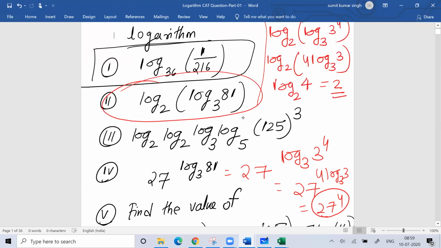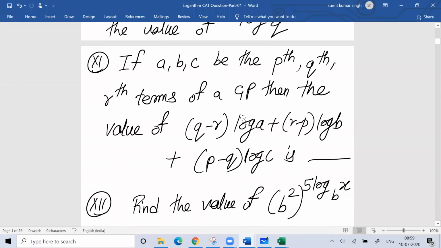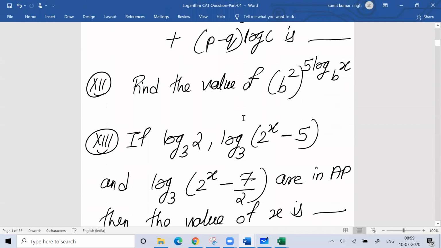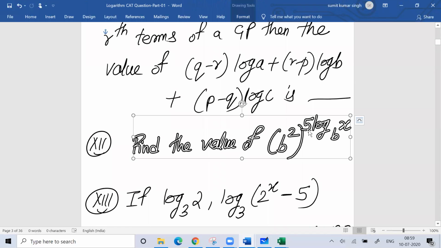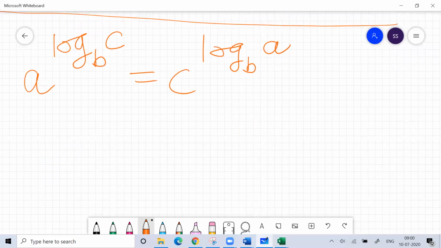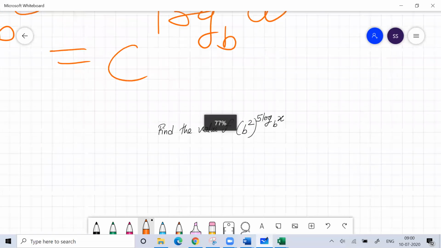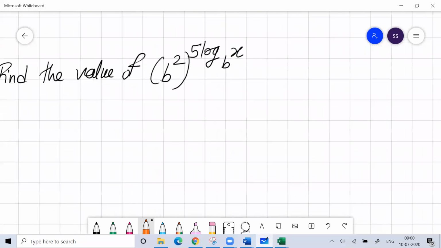For the property I just mentioned, this is the question, question number 12. I'll do this question to show you this property.